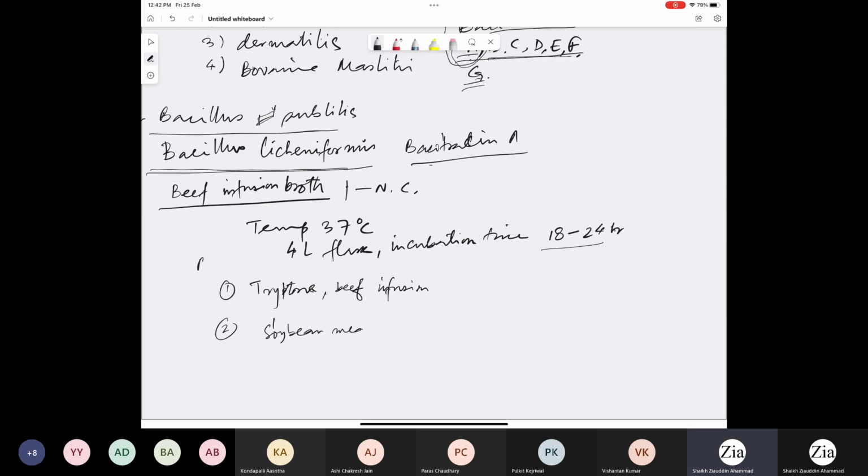So soybean meal will give you nitrogen. Along with that you can have starch.